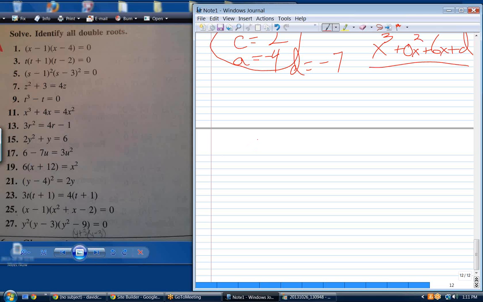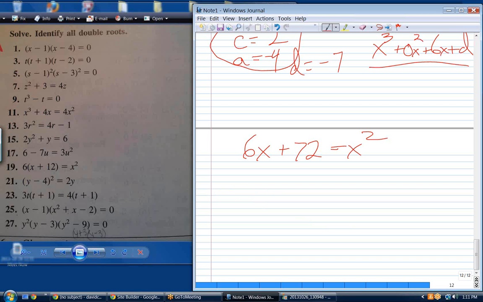For 19, it would be x squared plus 6x plus 17. Before anything, you have to move the x squared over to the left side of the equation to get it equal to 0.